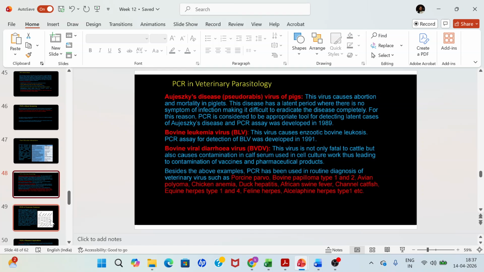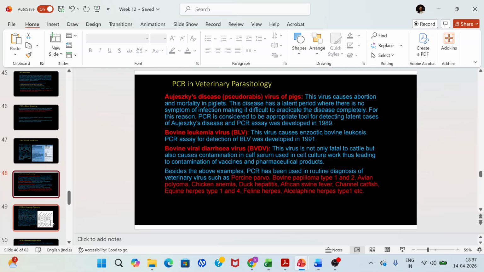In veterinary parasitology also it is used for the disease Aujeszky's disease. This is a virus of pig, and this virus can cause abortion and mortality in piglets. This disease has a latent period where there is no symptoms of infection, making it difficult to eradicate the disease completely.